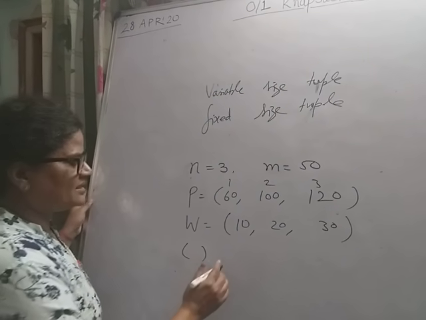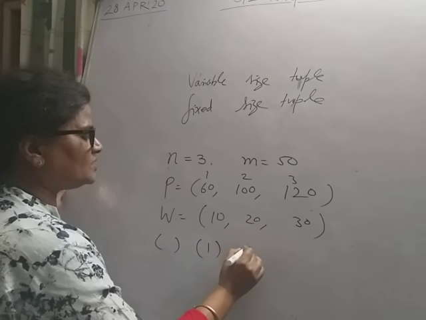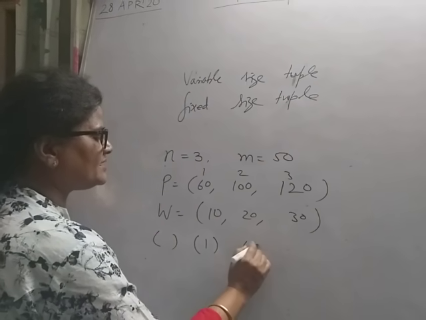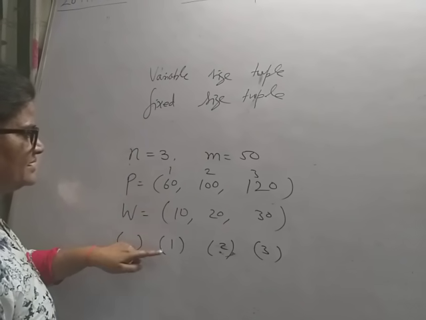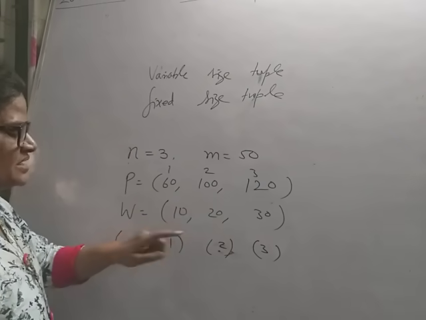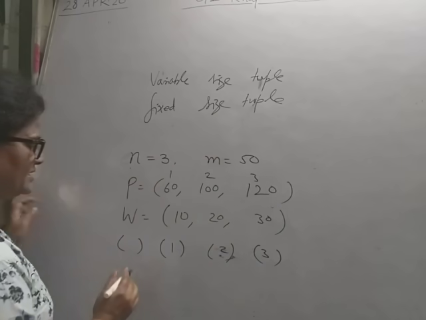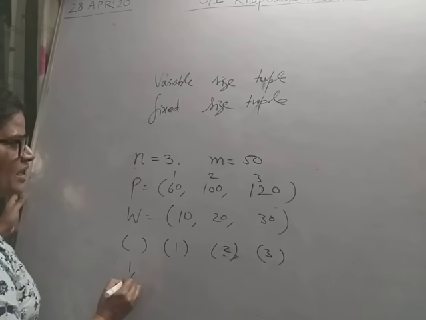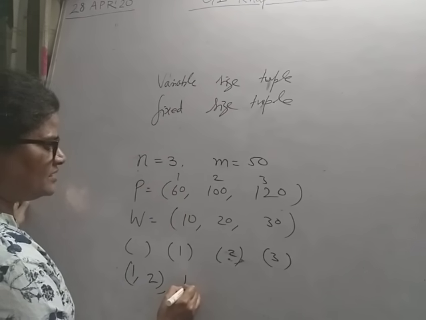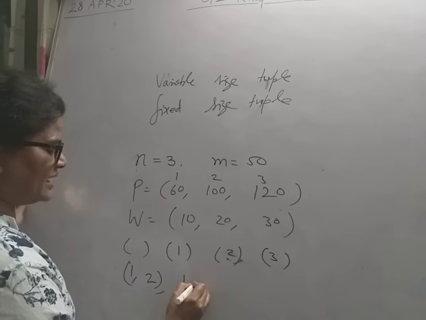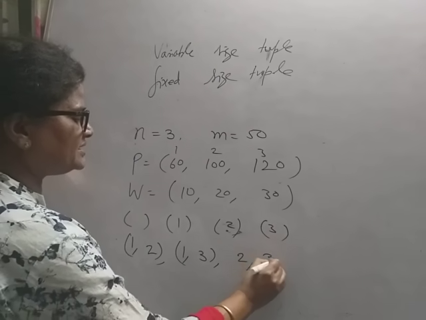The second is that we can select 1, or 2, or 3, because the knapsack capacity is 50 and the weights are 10, 20 and 30. Similarly we can select 1 and 2, or 1 and 3, or 2 and 3, and so on.